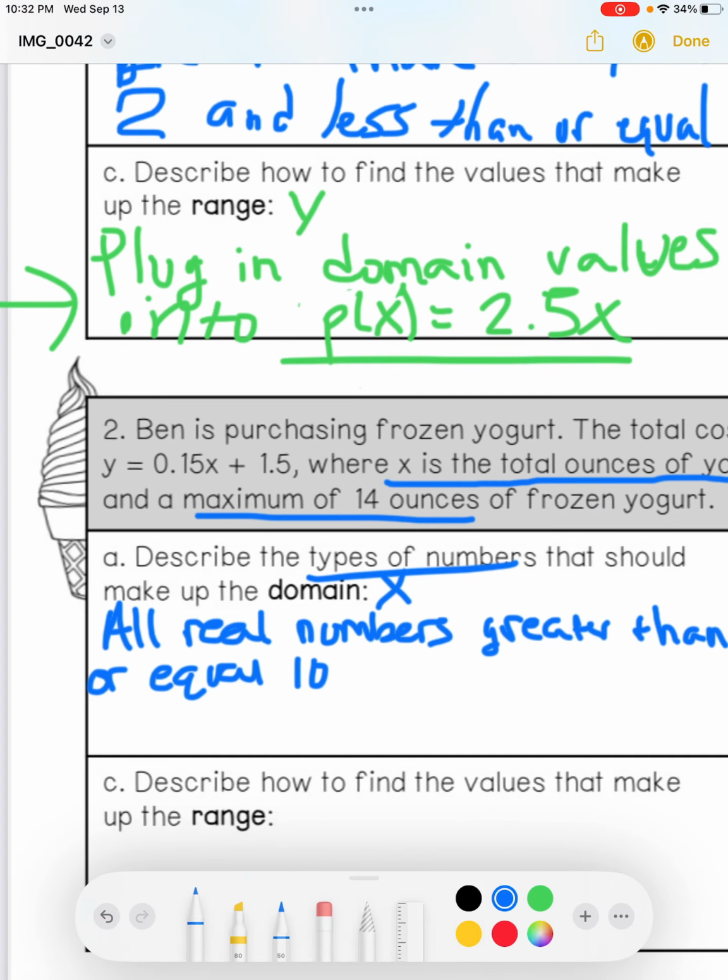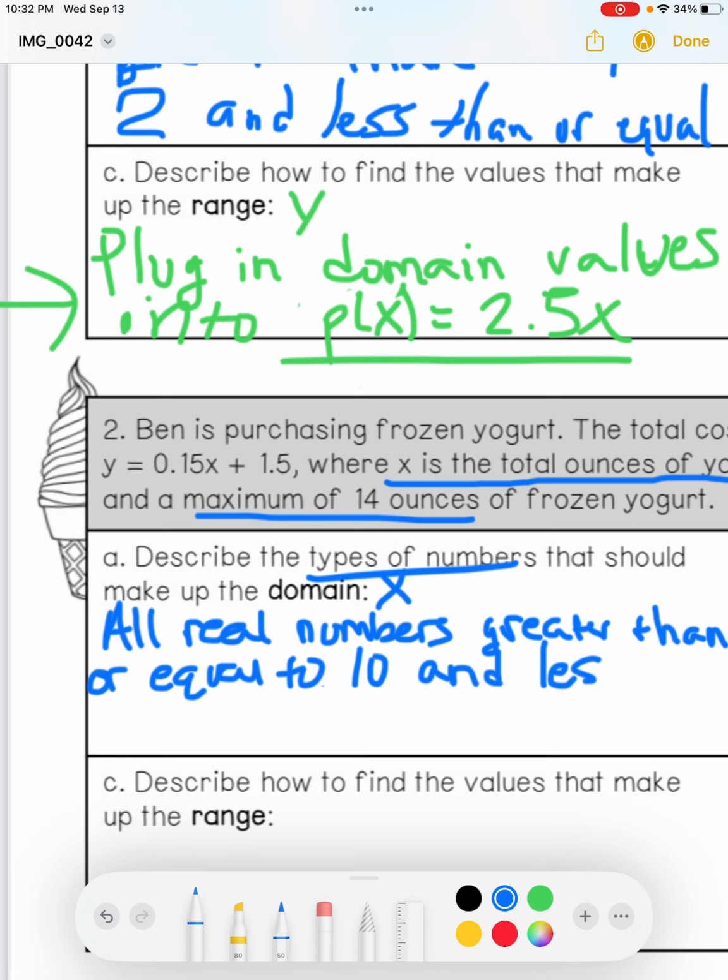So I'm allowed to have 10, right? 10 is just my lowest point that I'm allowed to go, but I'm allowed to equal it. And I want a maximum of 14. So, oh wait, let's put equal to 10 right here. Equal to 10.